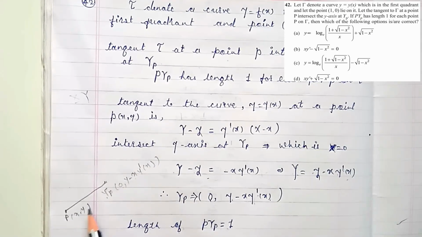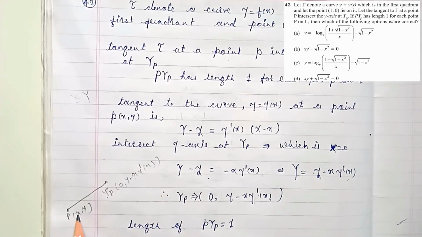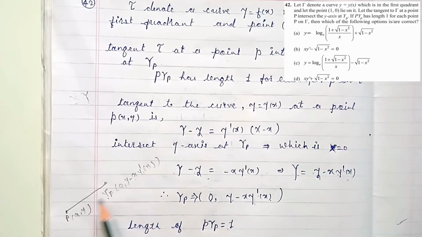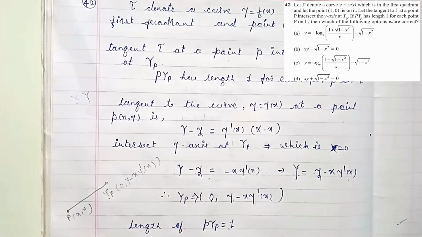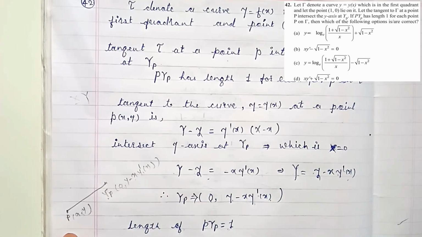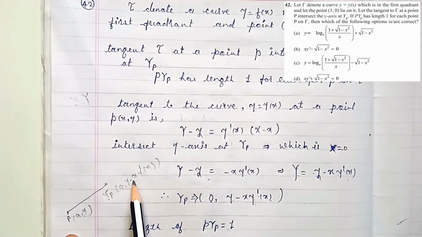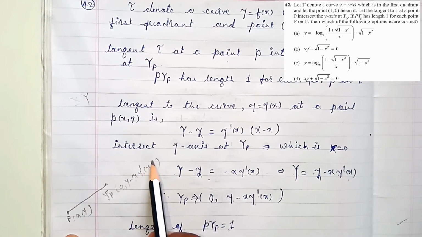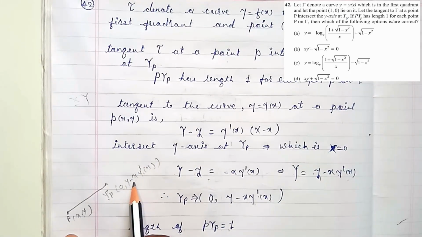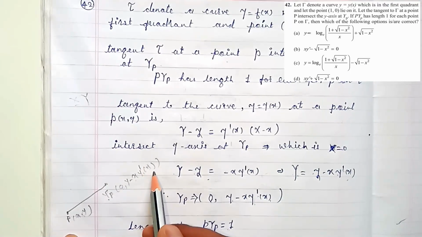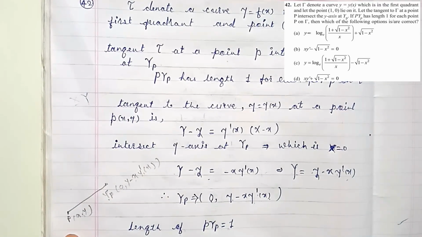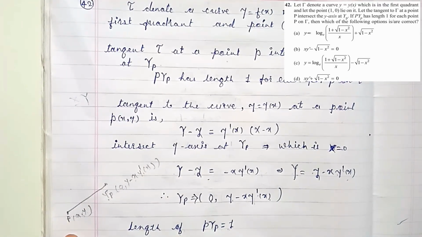The distance between these two points can be written as this minus this, squared, plus this minus this, squared. So first, x minus 0 squared, or you may write 0 minus x squared, plus y minus (y minus x y dash of x) squared, all under a square root.